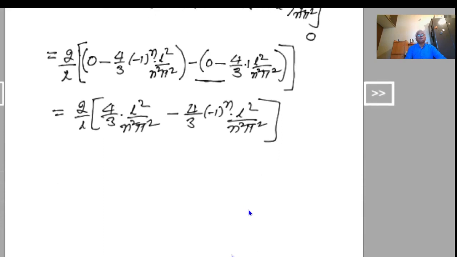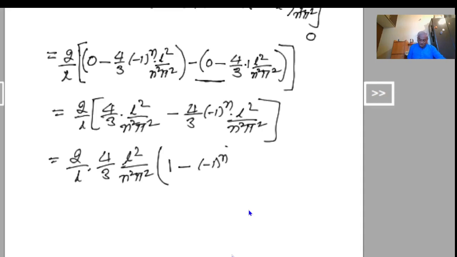Now this is equal to 2 by L, taking 4 by 3 and L square by n square pi square as common factors. What remains here is 1 minus minus 1 to the power of n.